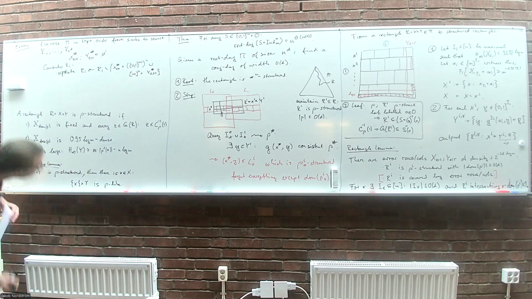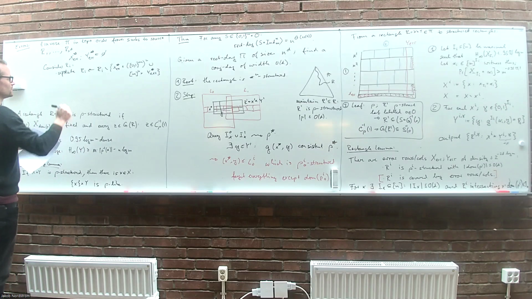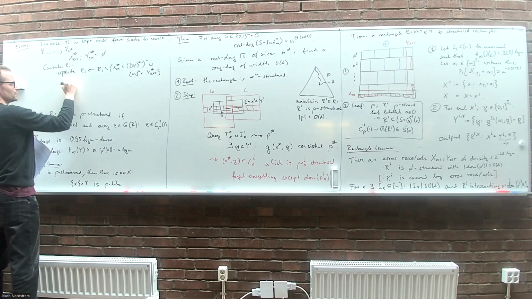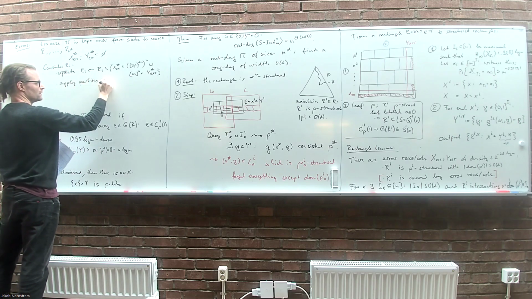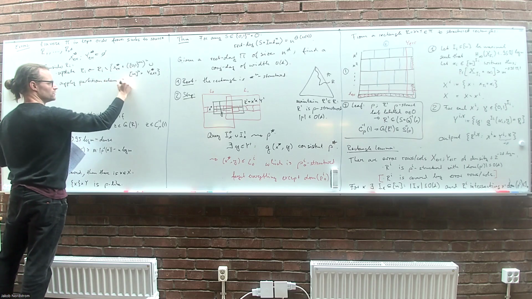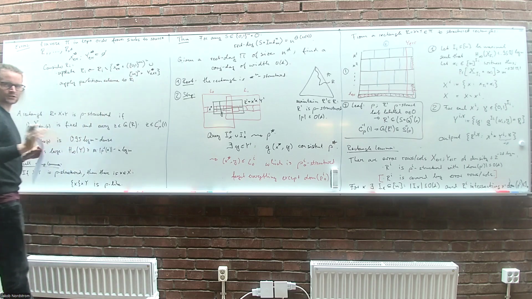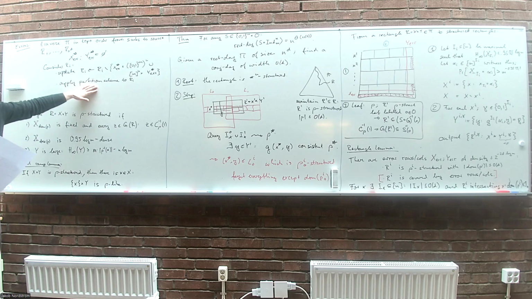So we first update the rectangle that we're currently looking at, and then we apply the partition scheme to Ri, and we output all the structured rectangles.